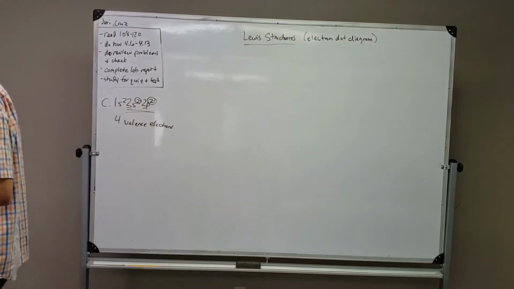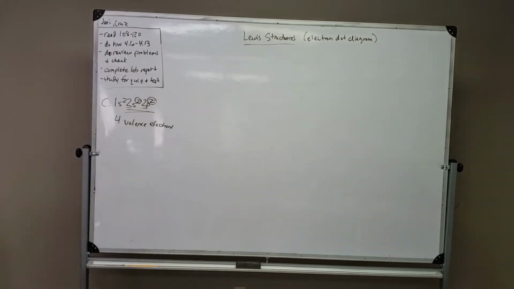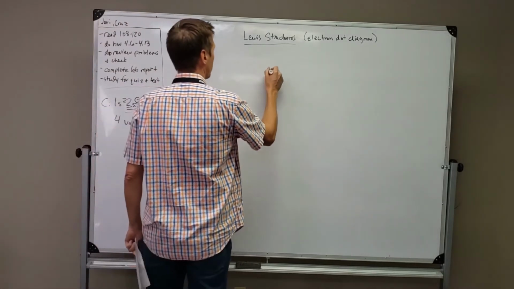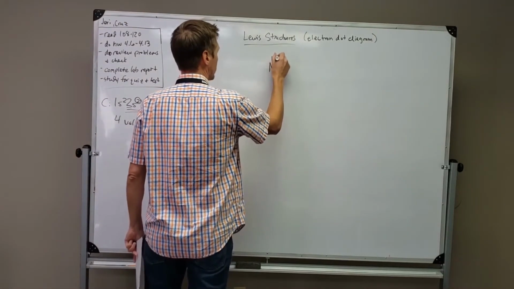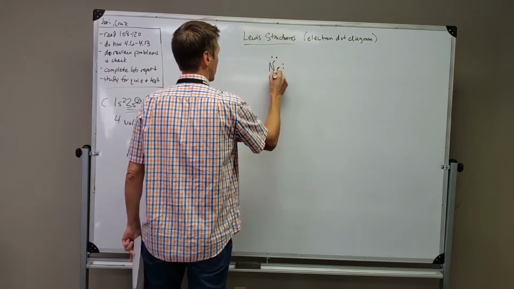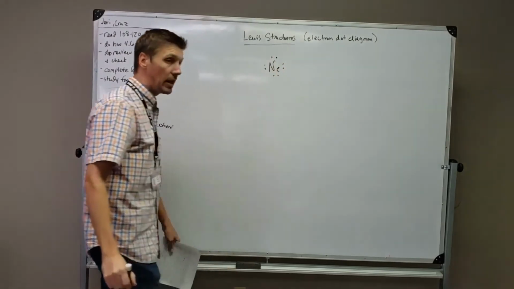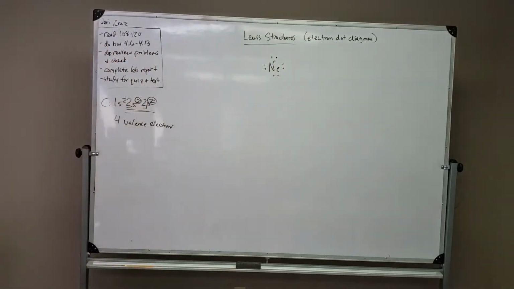If I asked you to draw the Lewis structure or the electron dot diagram for a noble gas like neon, it would look like this. It would have 8 dots around it, representing the 8 valence electrons that neon has.